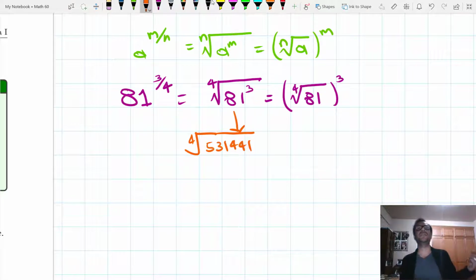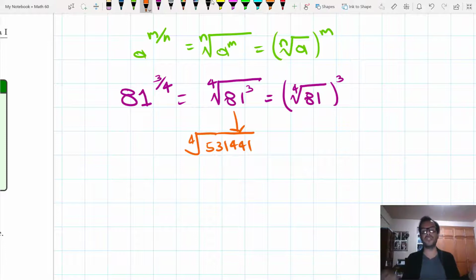On the other hand, the cube root of 27 will be 3 because 3 to the third power is 27, and so on and so forth. However, fourth roots are not straightforward. Now, try to think of a number whose fourth power would give you 531,441. Well, just reading the number, I'm getting dizzy here, all right?